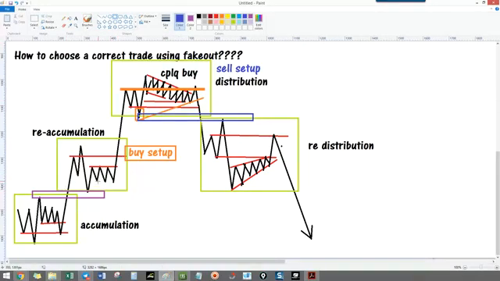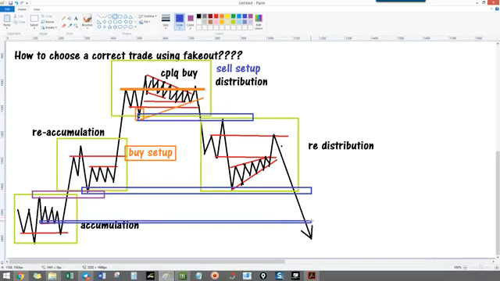Okay, so sometimes over here you will also have a fakeout, and over here maybe you have a QM. This is a QM. You have maybe a fakeout here, one more here, one, two, and then price goes down like that. Why? Because this is on distribution.